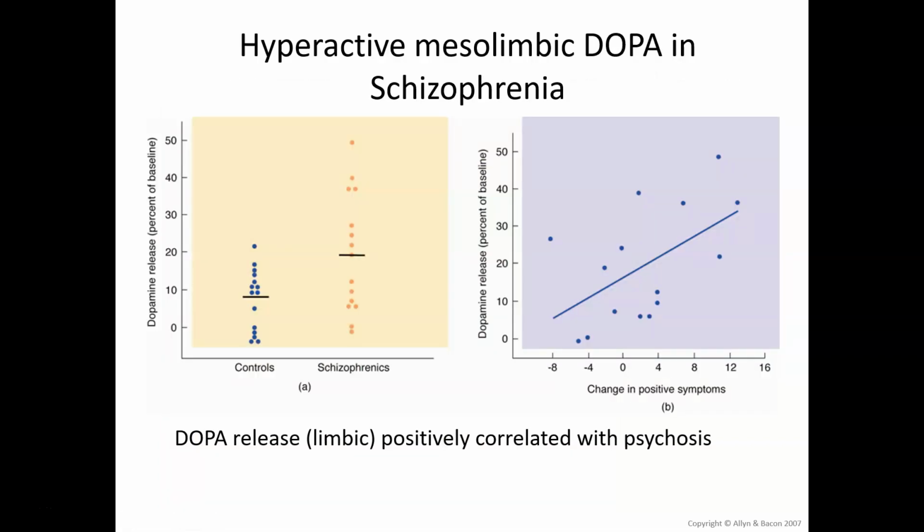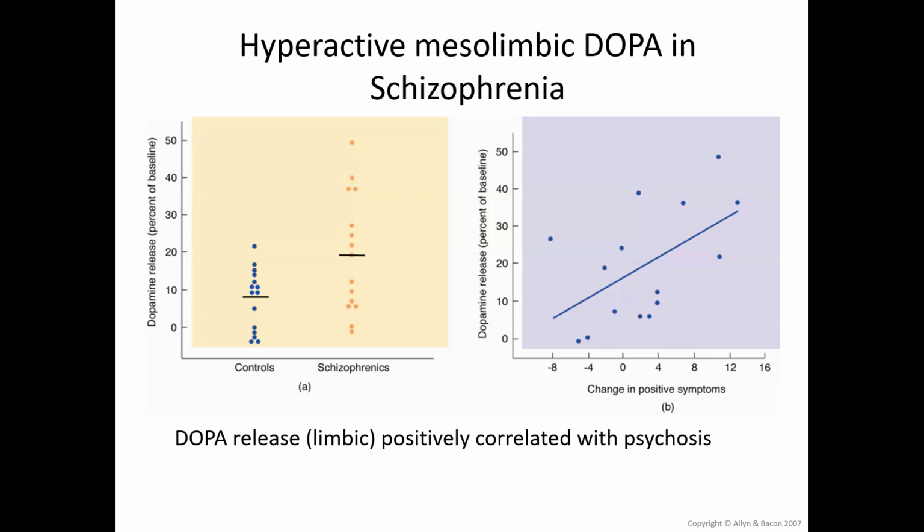So here's some direct evidence actually linking dopamine and psychosis in schizophrenia. What you're looking at here is basically controls and schizophrenics. If we infuse amphetamine, that actually stimulates the release of dopamine in subcortical areas.